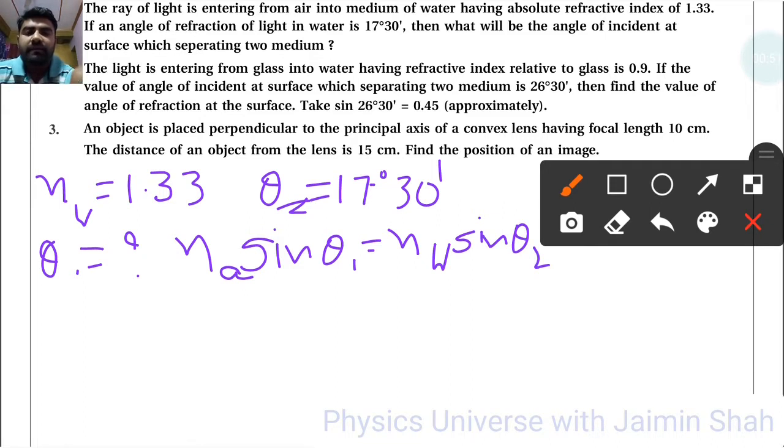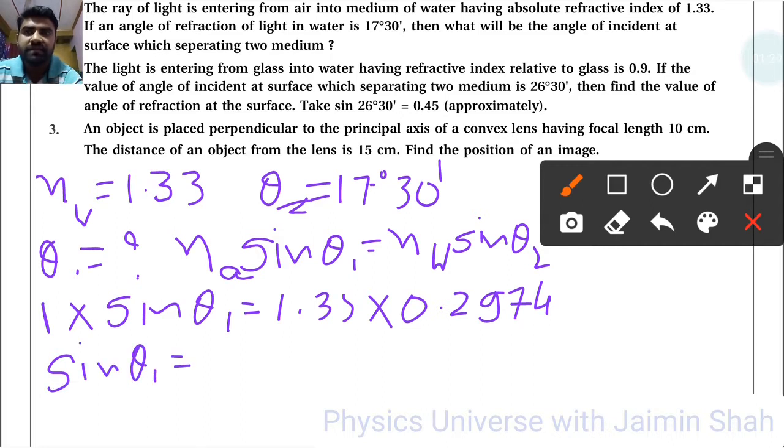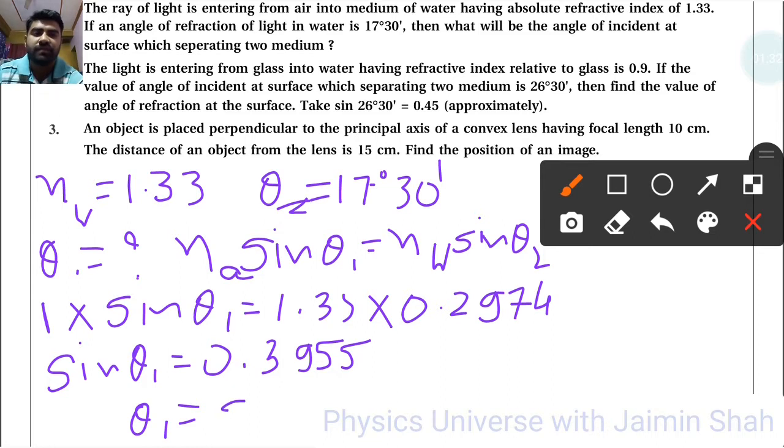The refractive index of air is 1, so 1 into sin theta 1, which we have to find, is equal to n_w 1.33 into sin 17.30, that is 0.2974, into 1.33. So sin theta 1 is equal to 0.3955.